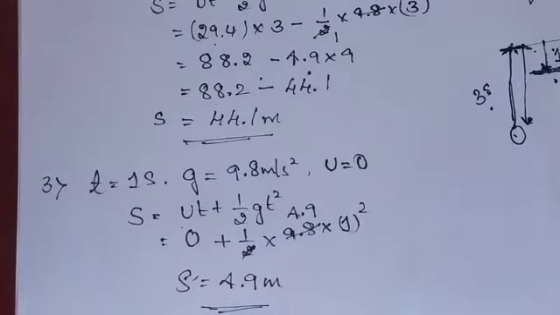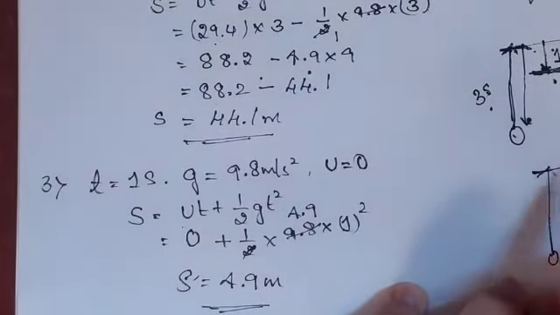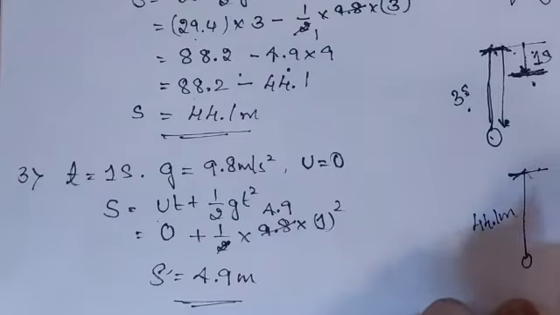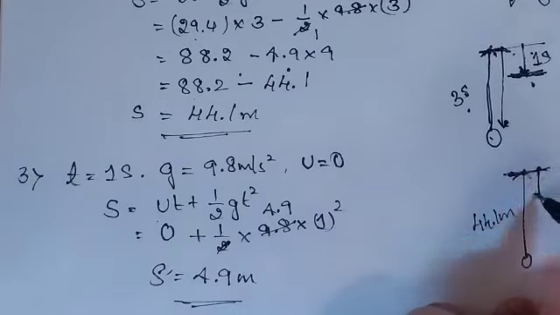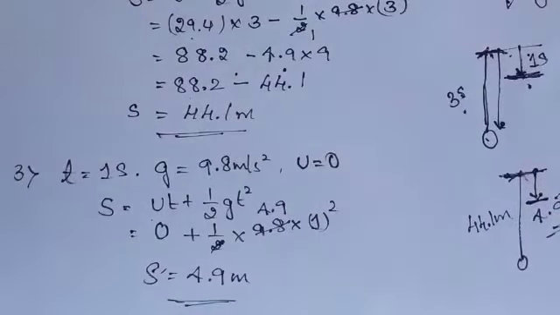So what is the position here? The maximum position it has reached, you have found, is 44.1 meter. After reaching the highest point, the ball after 1 second reaches the position 4.9 meter of the height it has reached after going to the upward position.